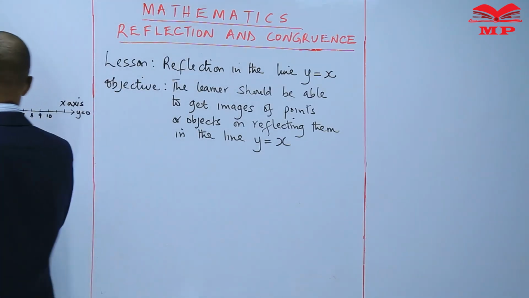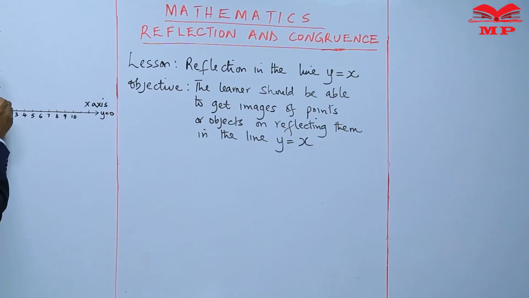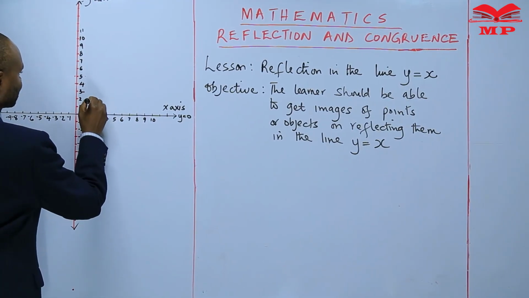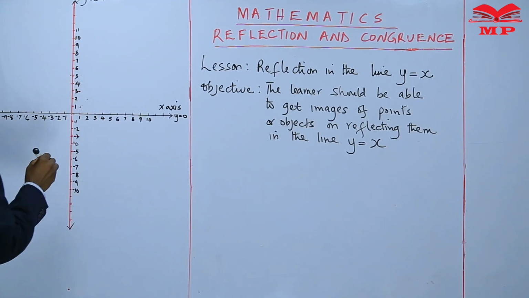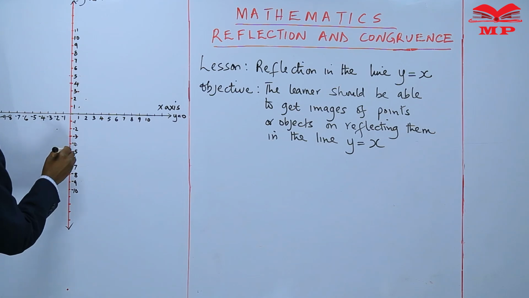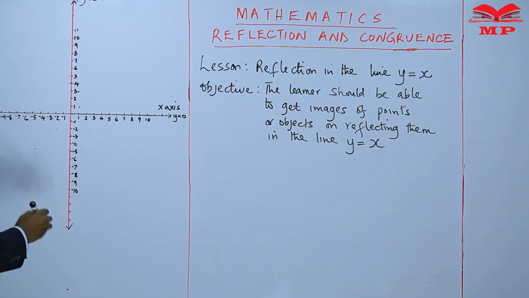So if it is 1, the x-coordinate will be 1. If that is 2, that will be 2. The same case here, negative 2, negative 2. Negative 5, negative 5.